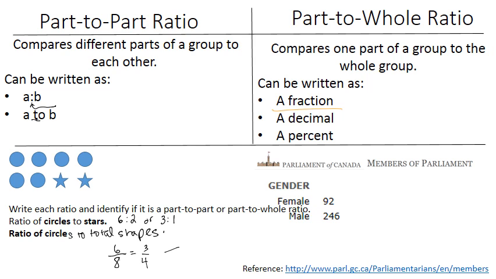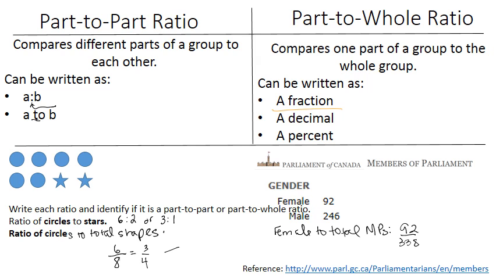Another example here of a part to part ratio was our male to female, but our part to whole ratio would be female to total MPs. So we do female, we have 92, and then total we have to add the 92 plus the 246 together, and we get 338.